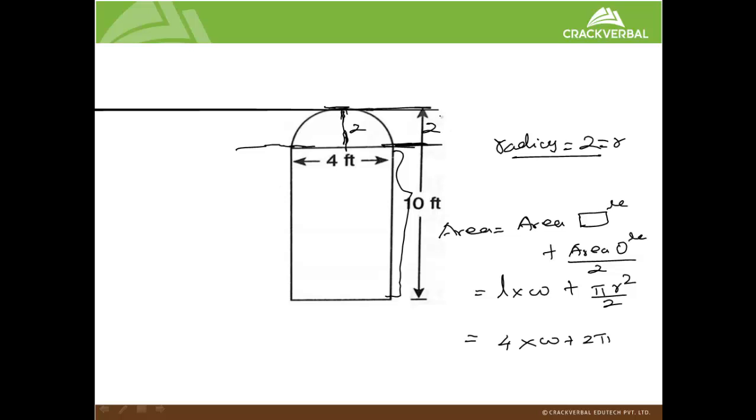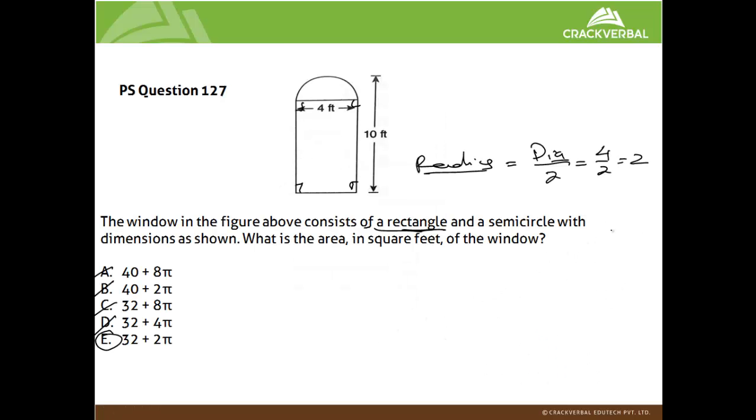If this length is 2 and the entire length is 10 feet, then the width of the rectangle has to be 8. So 4 times 8 will get you the answer, which is 32 plus 2 pi. The answer has to be E, 32 plus 2 pi. Hope this is clear. Thank you.